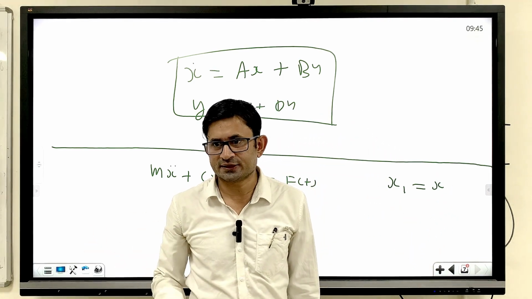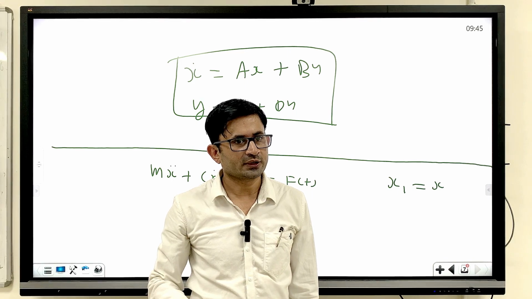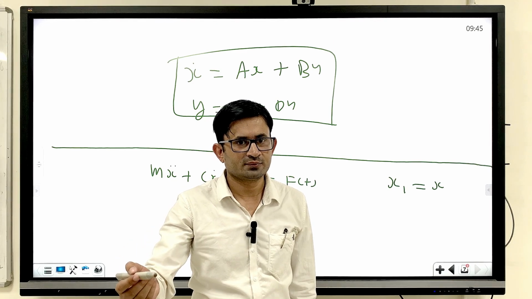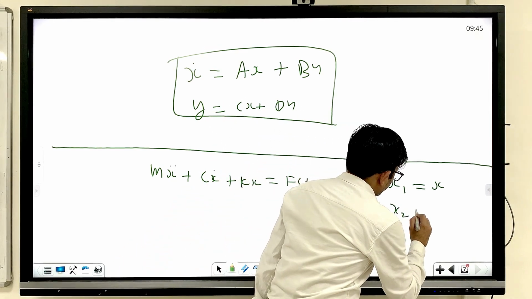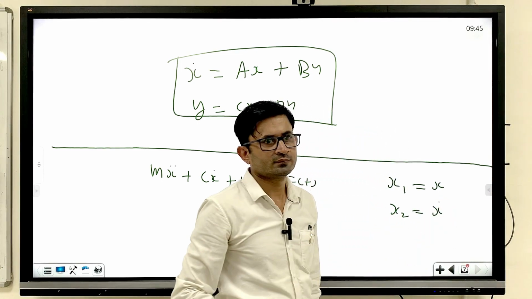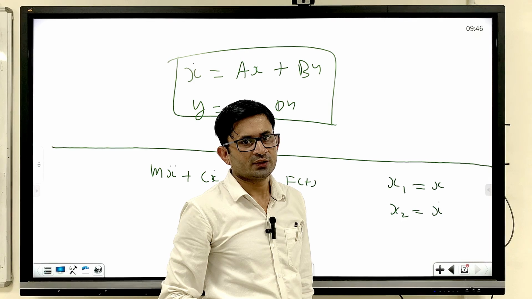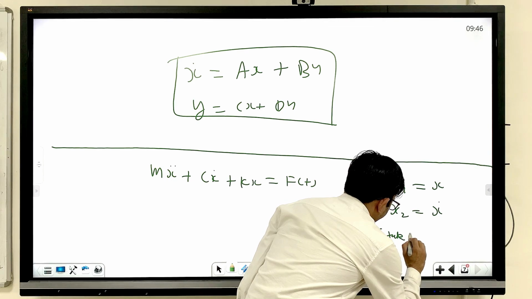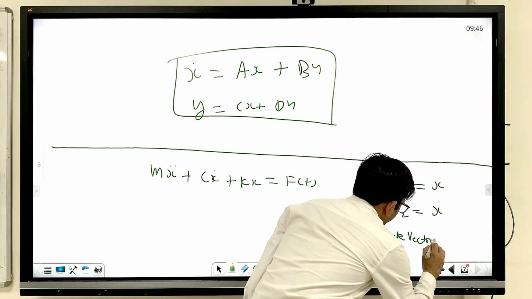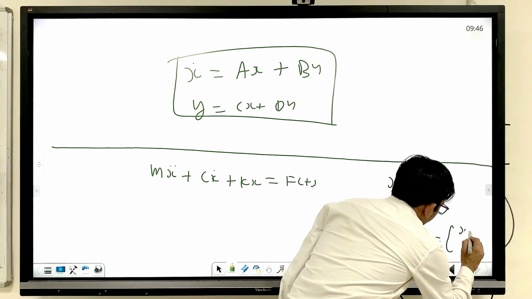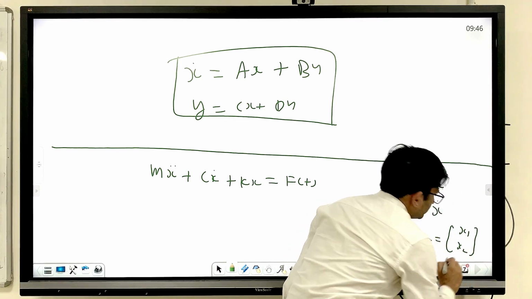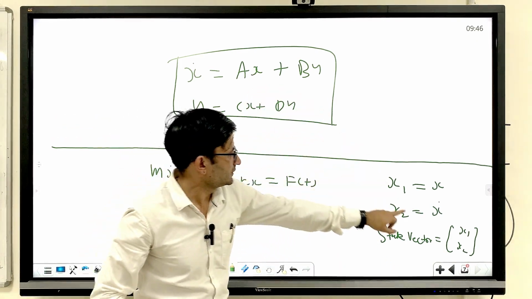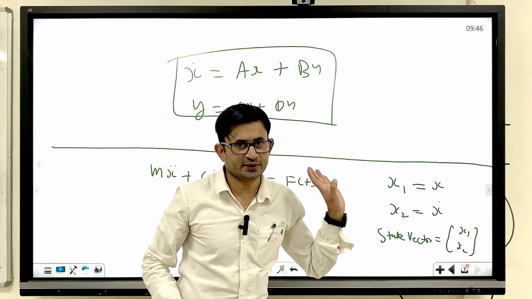So what will be the second state? Can you tell me? Velocity. You can consider x2 equal to x dot. Now you can form a state vector x1, x2. This part is clear, right?